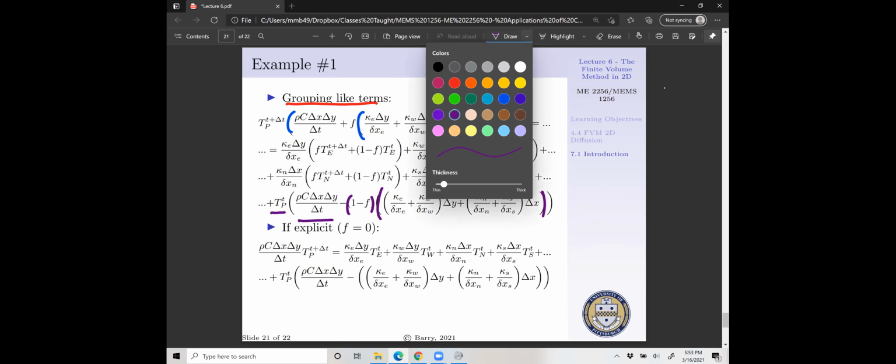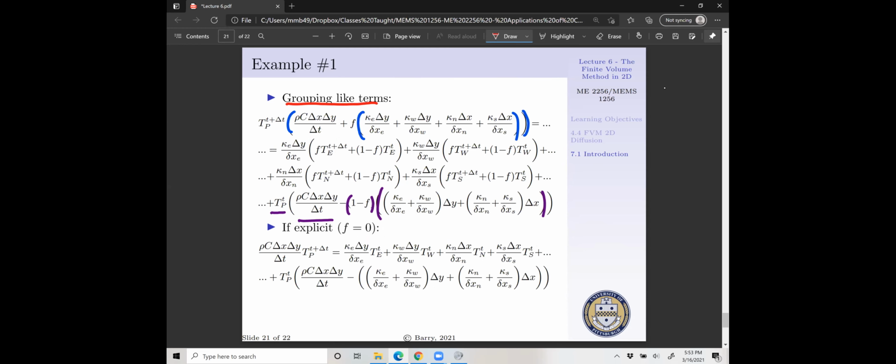Additionally, you have your east, your west, your north, and your south conserved quantities, all multiplied by their respective diffusivities, spacing of your cell, distance between your cell centers, evaluated at your respective iteration levels, and multiplied through by your weighting factors. So this looks like a mess. It kind of is, but it's all algebra, right? We did all the nasty integration previously.